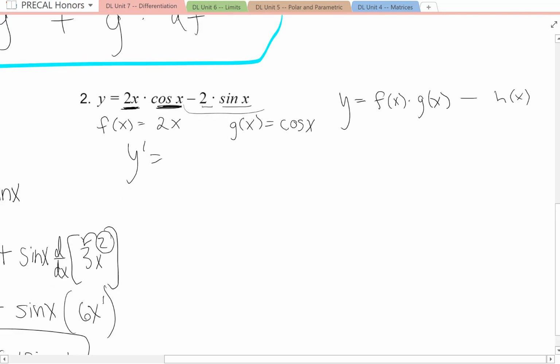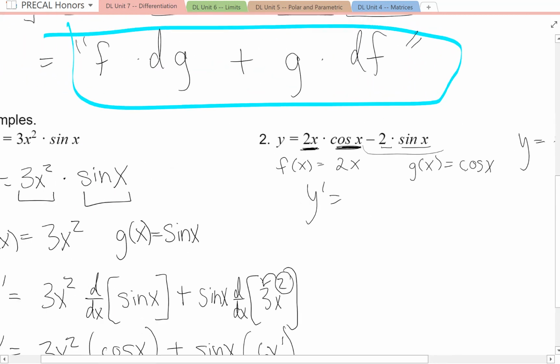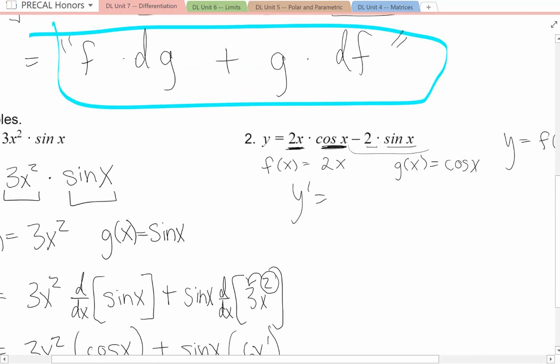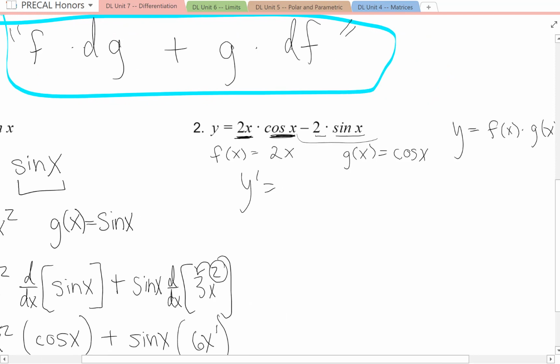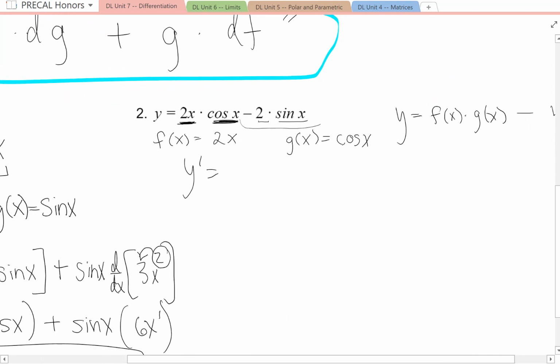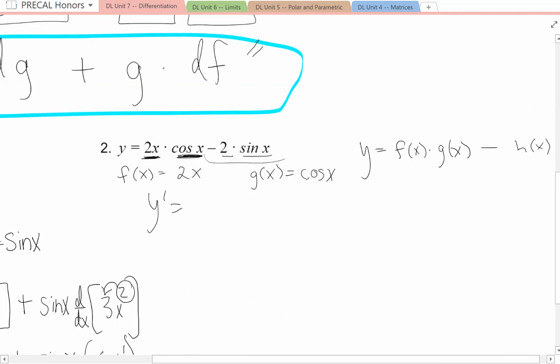Y prime is equal to f dg plus g df, f times the derivative of g plus g times the derivative of f. 2x, so f dg, 2x times the derivative of g, plus g df, cosine x times the derivative of f, 2x.